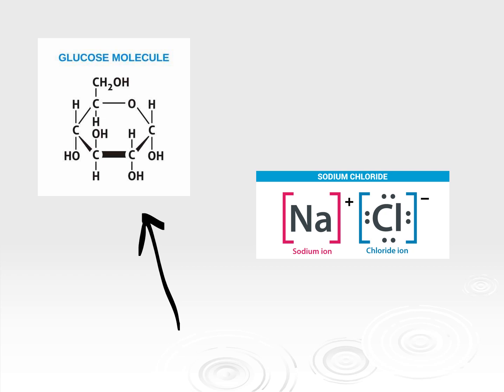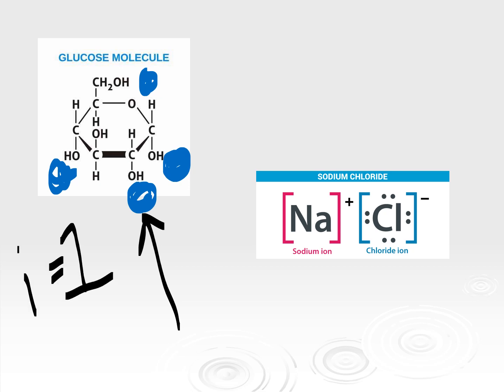And when I mix it into water, then those water molecules will actually bind themselves to these hydroxide side groups over here and over here and over here, and they will surround the glucose and it will dissolve. But does the glucose break up into other pieces? It does not. It stays still one glucose molecule. In that case, i is equal to 1, or the ionization constant for glucose is 1.